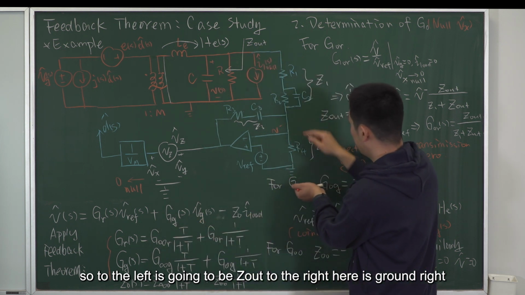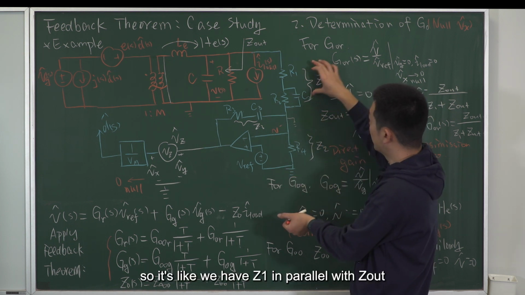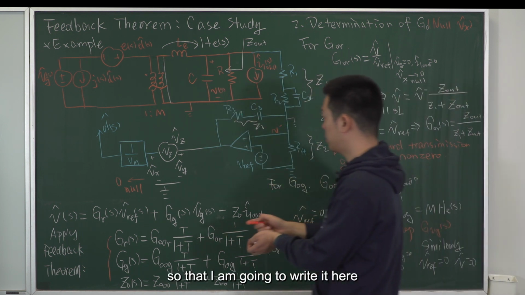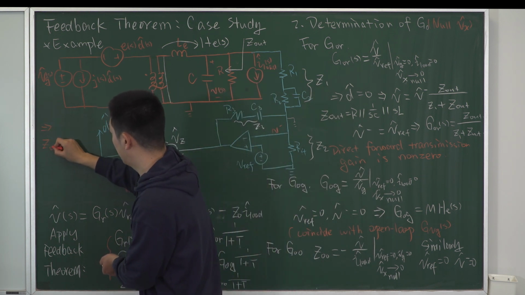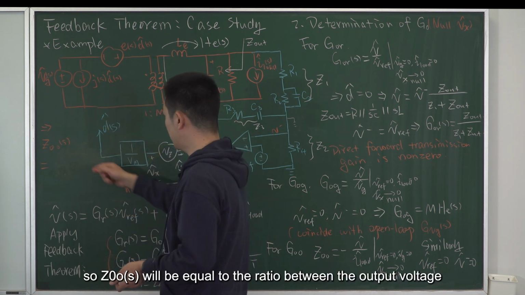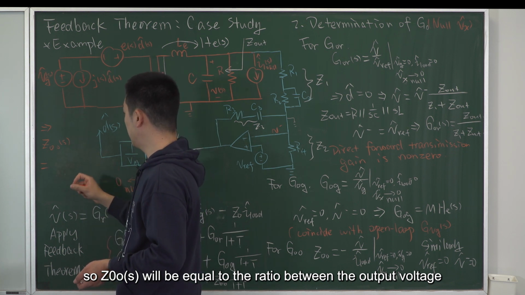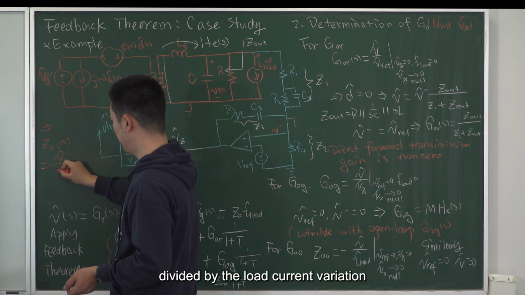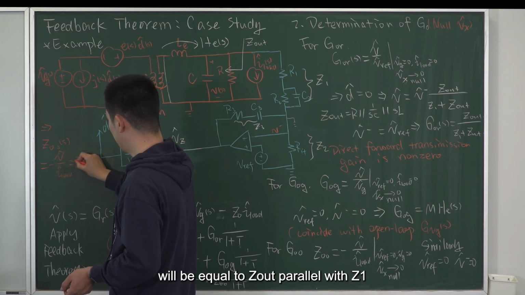To the right, here is ground. So it's like we have Z1 in parallel with Z out. So I'm going to write it here: Z out 0, so Z0 out S will be equal to the ratio between the output voltage divided by the load current variation, which will be equal to Z out parallel with Z1.